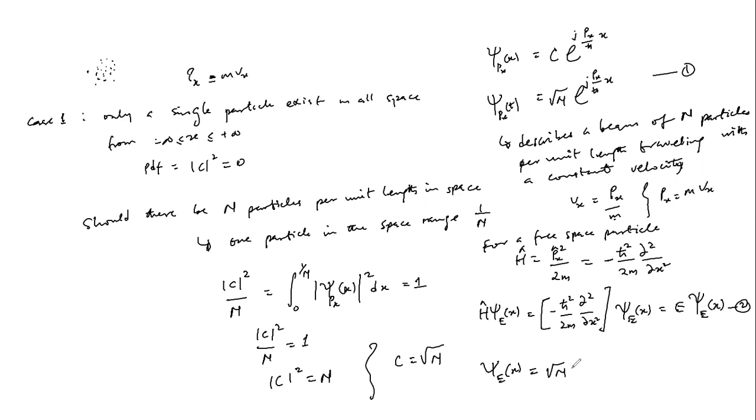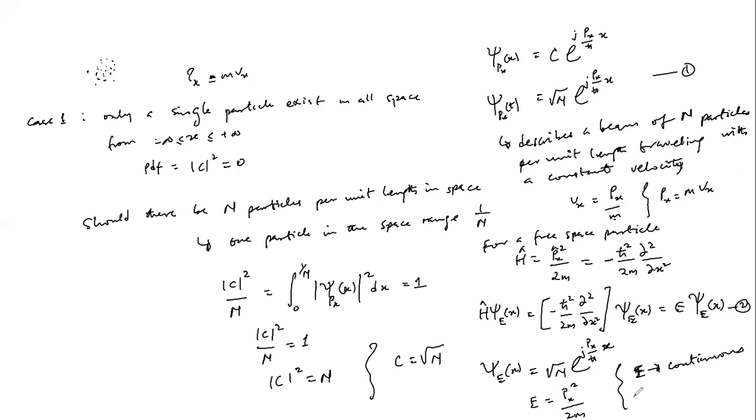square root of n e^(j p_x x over h cross), corresponding to the eigenvalue p equals p_x. In this case, the energy E is the same.